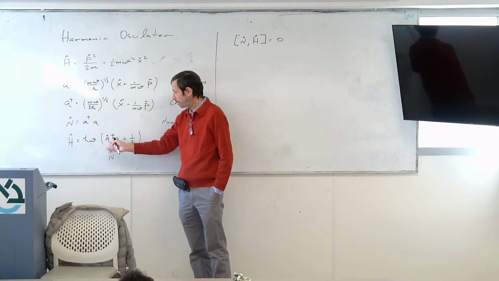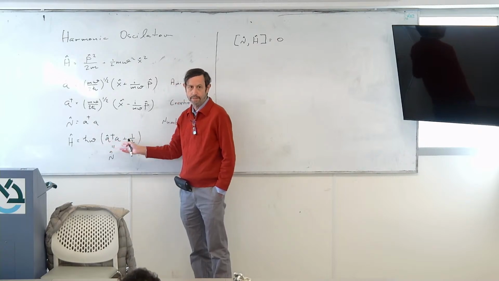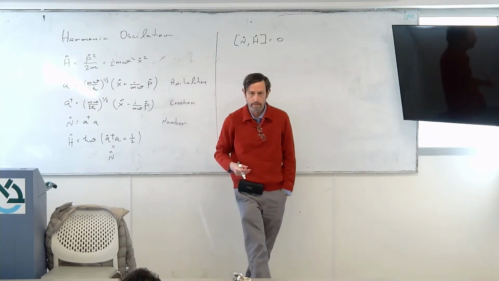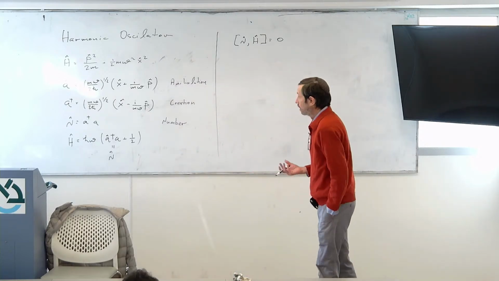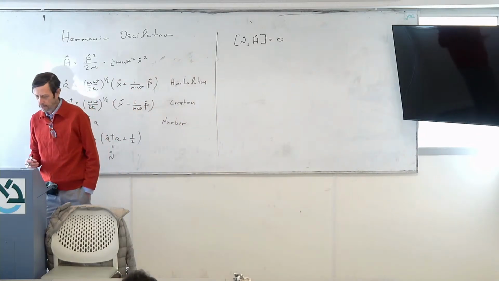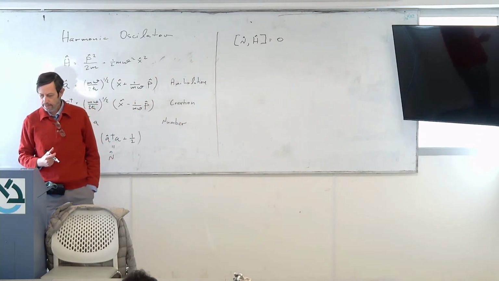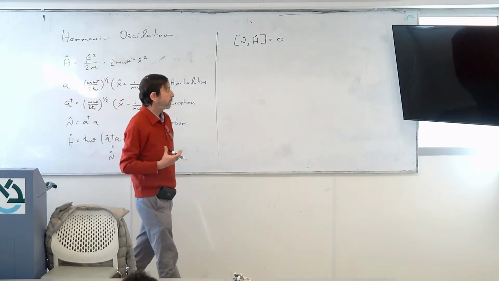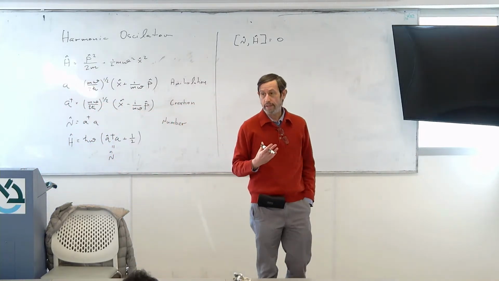Why does it commute? Because an operator commutes with itself and commutes with a constant. Okay, so now our first goal is to find the eigenvectors and eigenvalues of n.